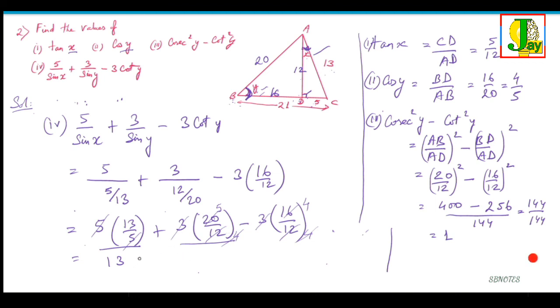Second term we have plus 5. And the third term is minus 4. So that's 13 plus 5, 18 minus 4, 14. So the fourth value comes to 14. That's how you find it.